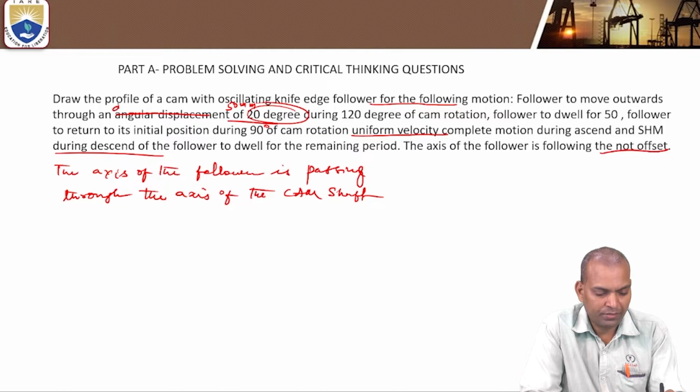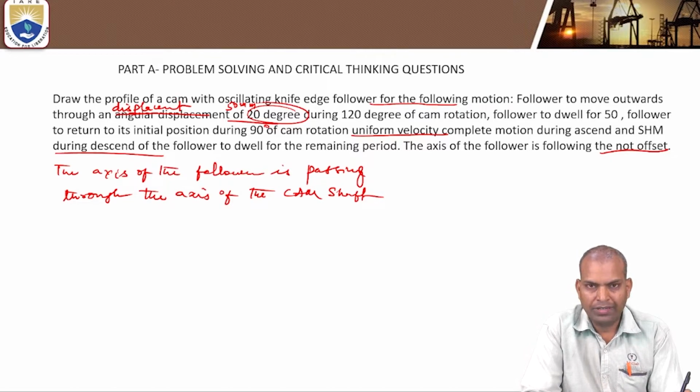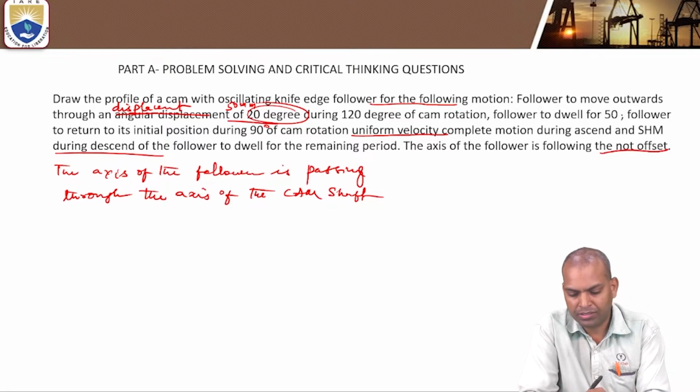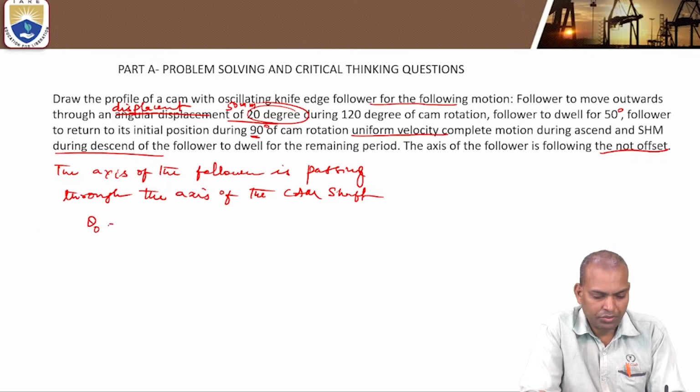Having a displacement of 50 millimeter during outstroke, that is 120 degree, and the dwell remains the same for 50 degrees, and it returns to its initial position during the next 90 degree, that is the return stroke, and the remaining is the dwell.